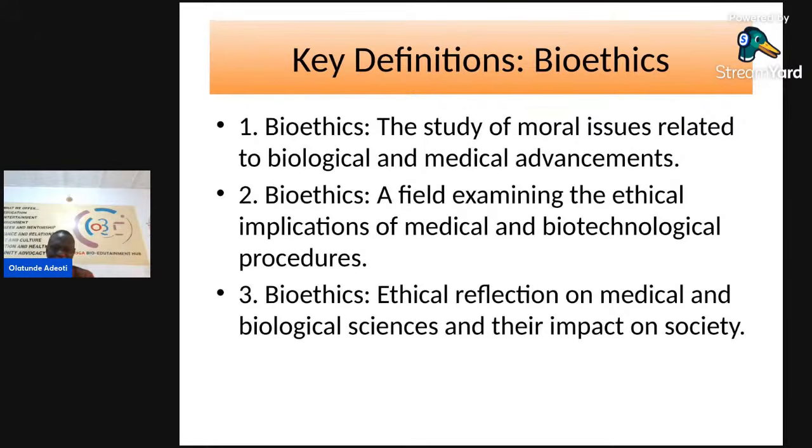You have to protect life, your own life and the life of others as well. The same way you make sure that you eat every time should be the same way you treat even your domestic animals or pets. So, biological and medical advancement.